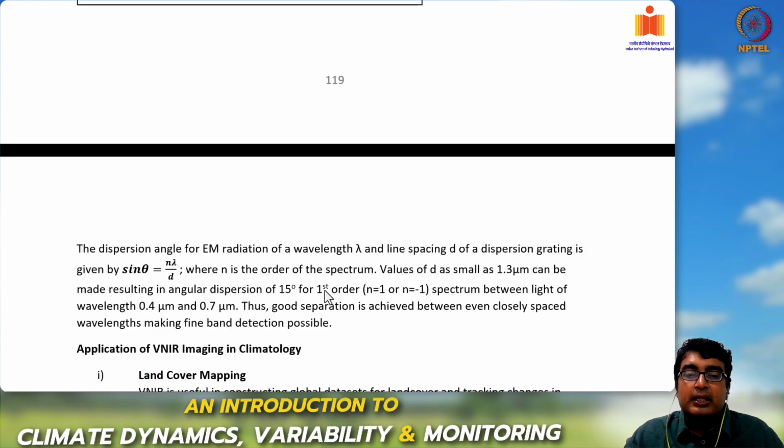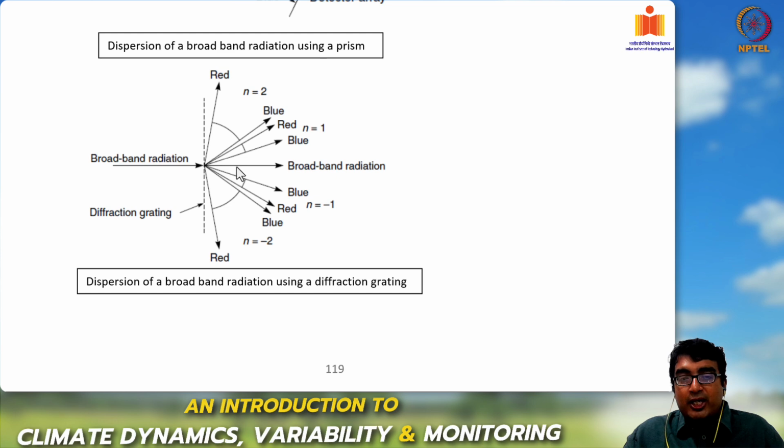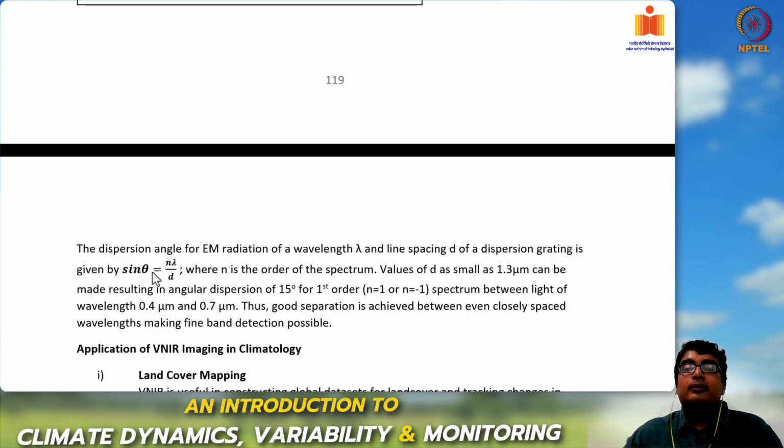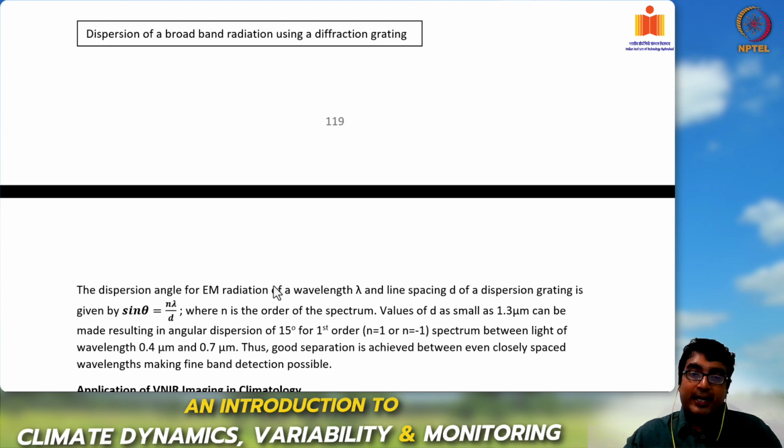Okay. And you can measure, depending on the difference in wavelengths, there will be a certain angle over which these wavelengths will be spread. Okay. And this angle is given by sin theta equals n lambda by d, where n is the order of the spectrum.